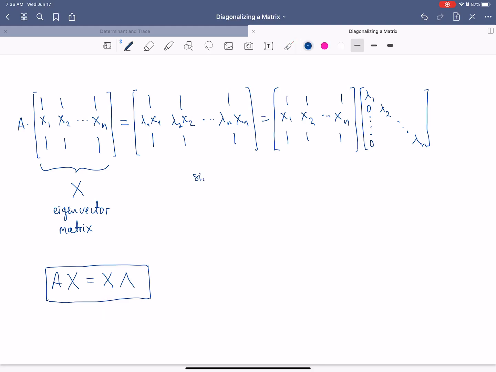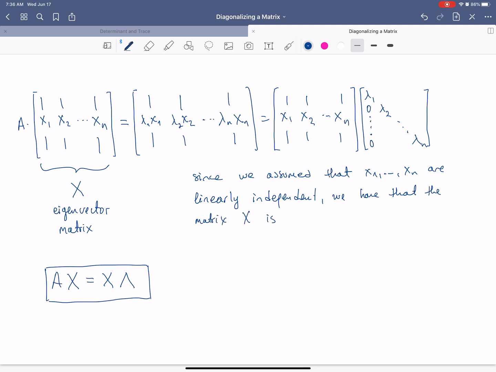So since we assumed that the vectors x1 through xn are linearly independent, we have that the matrix X is invertible. So I can multiply by X inverse on both sides of this equation.